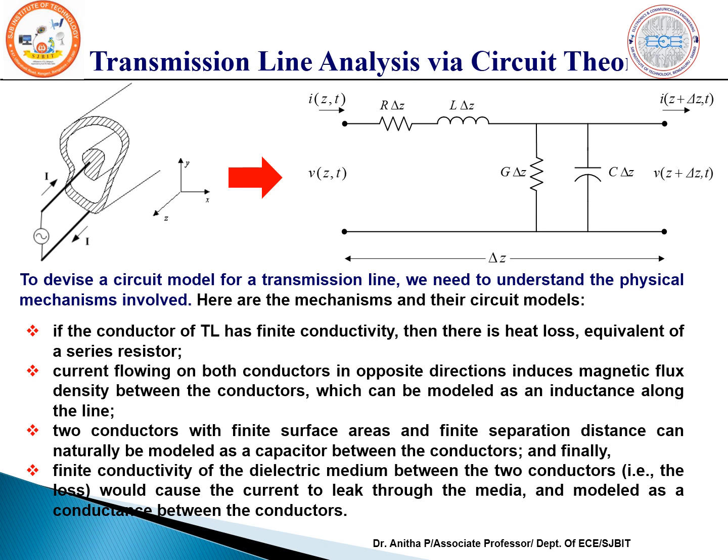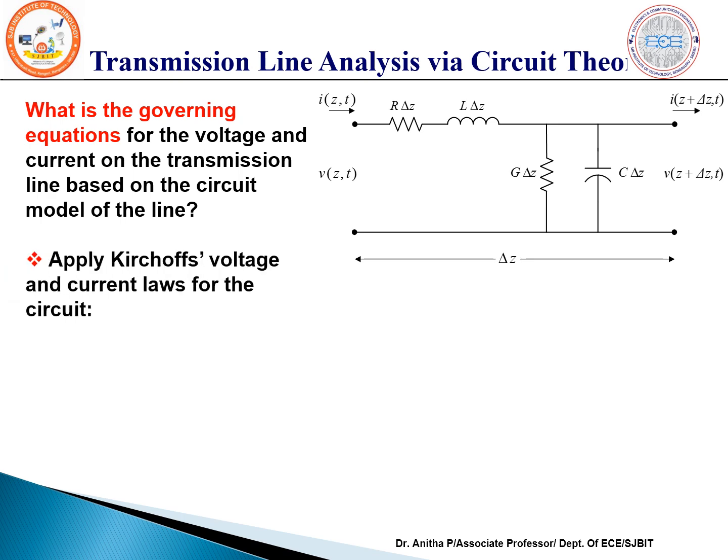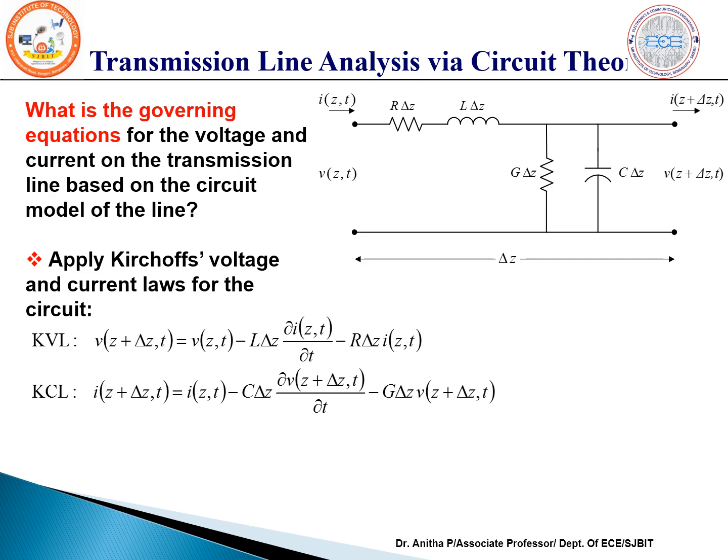So you can apply circuit theory, that is KVL or KCL, to find out the voltage and current on a transmission line based on the circuit model. That is by applying Kirchhoff's voltage law and Kirchhoff's current law. One by one we apply and determine the voltage and current.